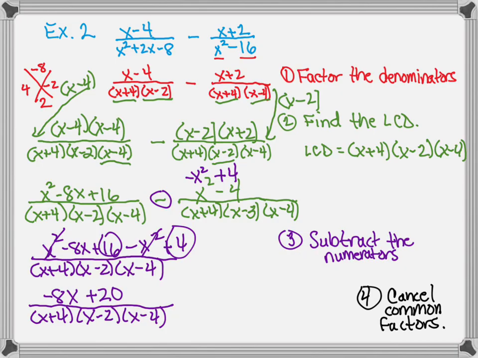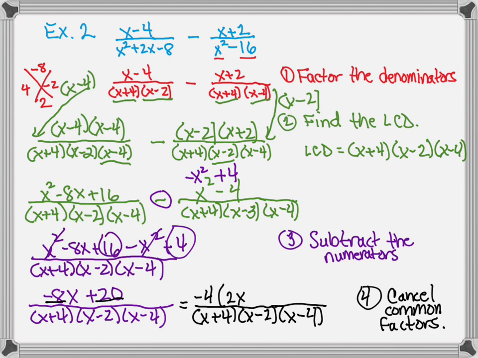So to do that, we do need to see if we can factor our numerator. The denominator stays the same. So in my numerator, if I look at negative 8x and 20, I have a greatest common factor of 4, but because that first term is negative, I'll also factor out the negative. So I'll factor out negative 4.